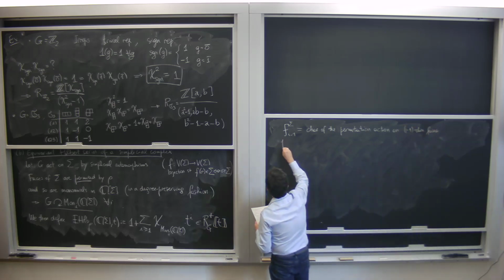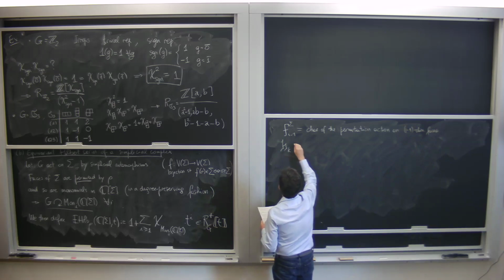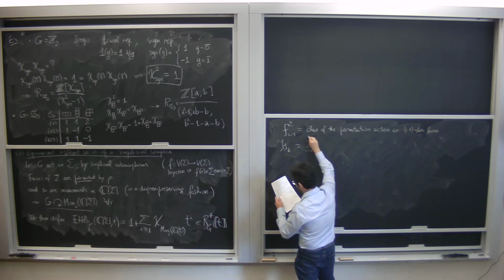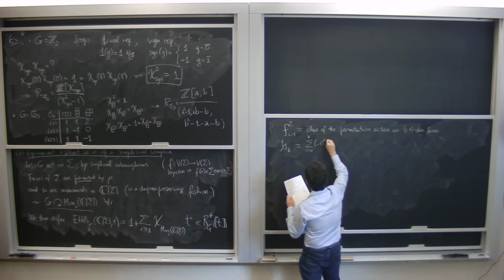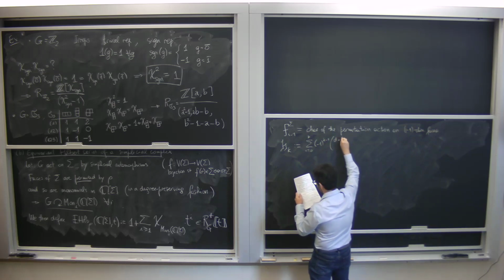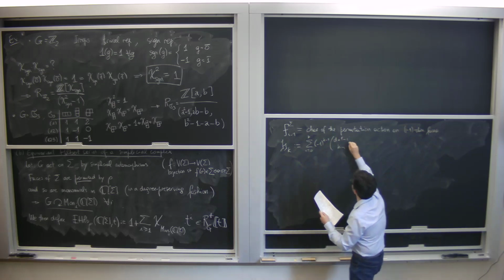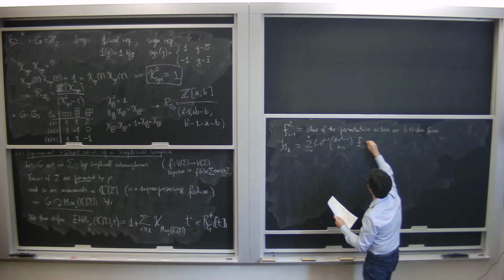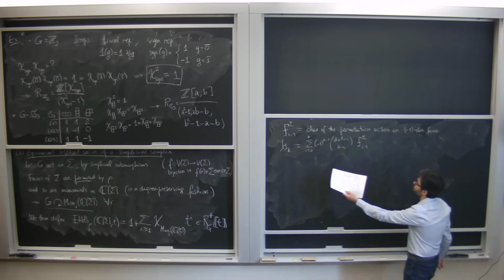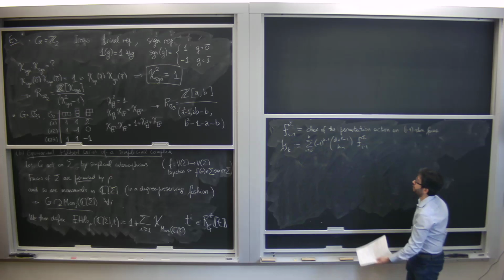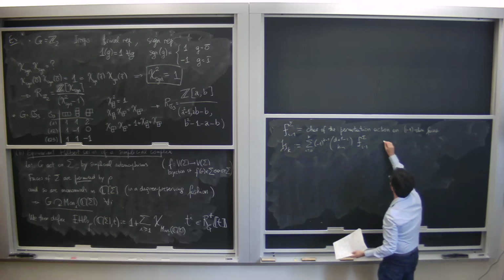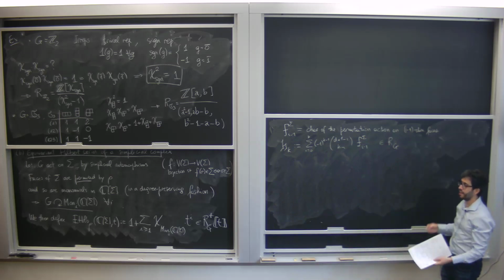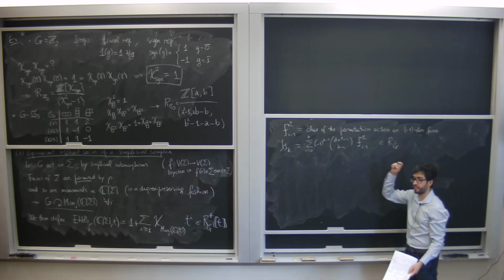And then I can define some kind of Gothic H. This one, well, I can write it down, but very quickly. It's the same formula as before. It's just that instead of shuffling around numbers, these are numbers so far, but now I'm going to put the equivariant version here. So this object is again effective. This one, well, in general, is going to be an element of Rg, but it's not necessarily effective, just the same way as this used to be an integer, but not necessarily a natural number.